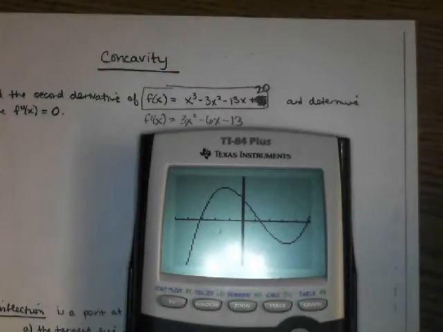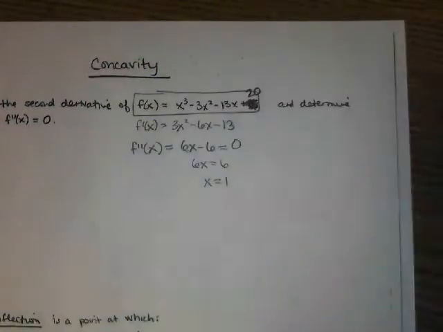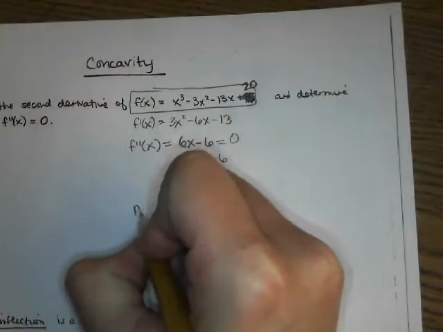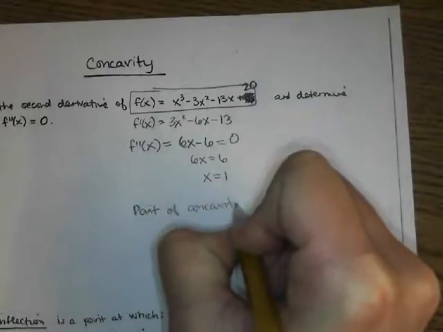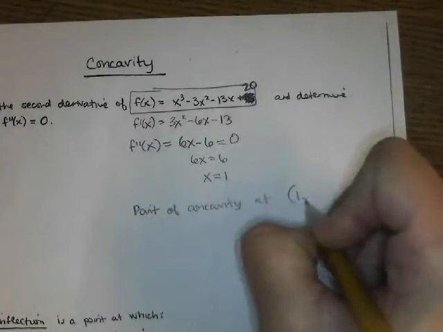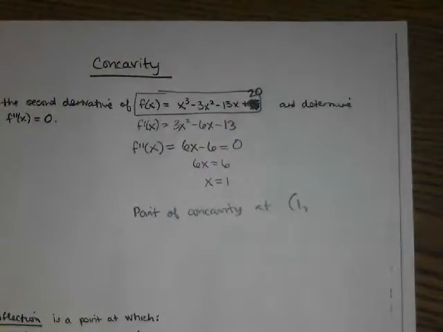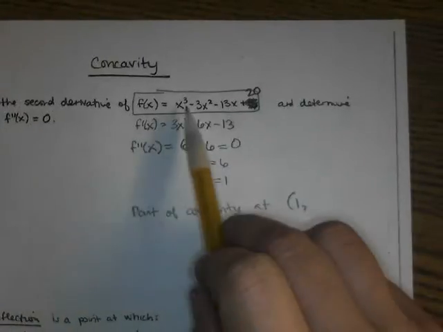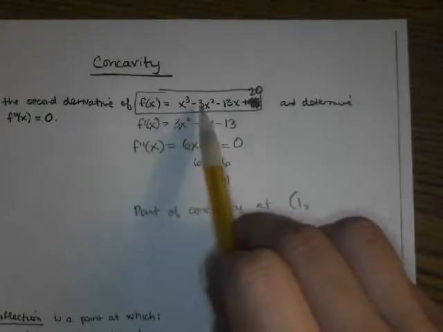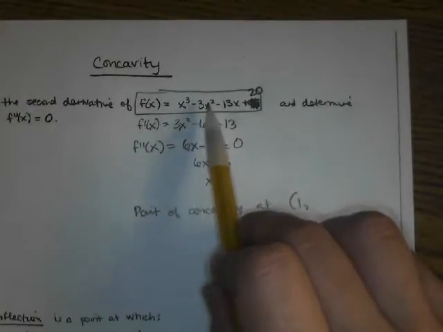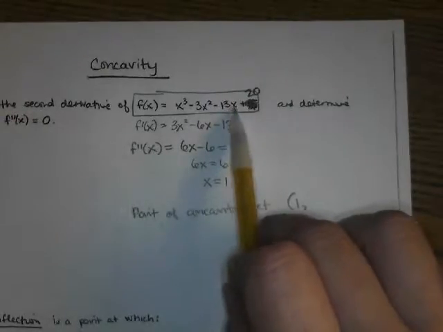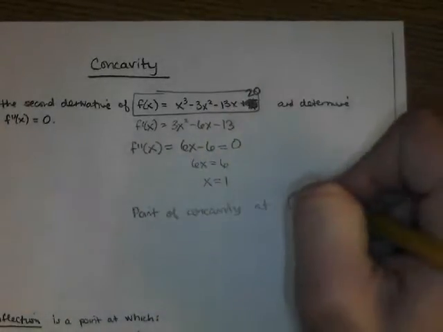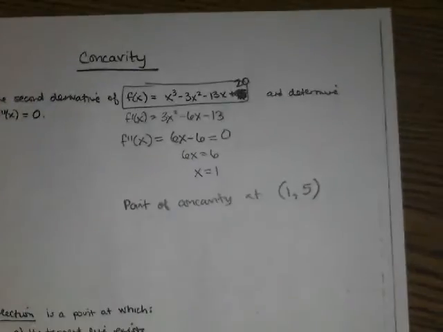So we have a point of concavity at 1 comma, and we'll use this rewritten version. If you plug in 1, we get 1 minus 3 is negative 2, negative 2 minus 13 is negative 15, negative 15 plus 20 is 5. So that point of concavity is at 1, 5.